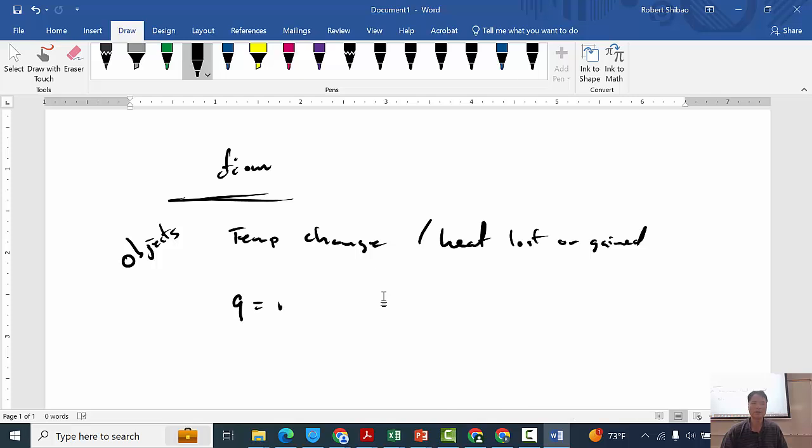Q is equal to mc delta T, or Q is equal to n, the number of moles, C delta T. This would be the molar heat capacity.